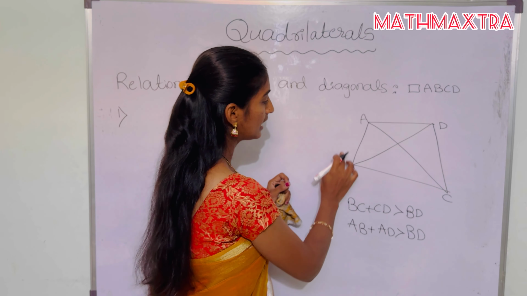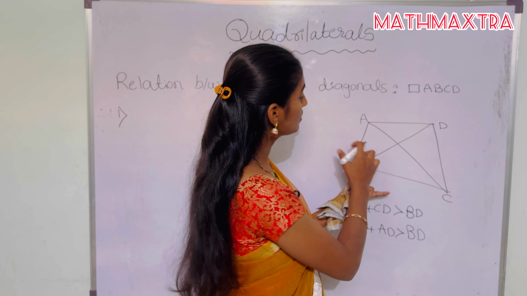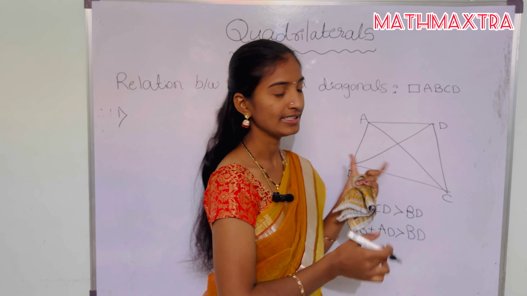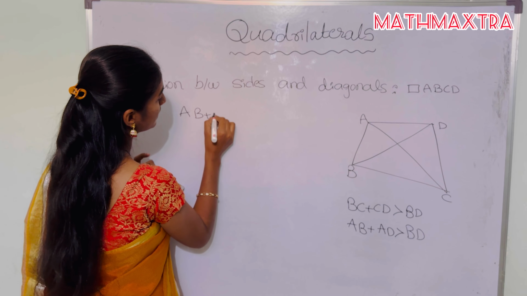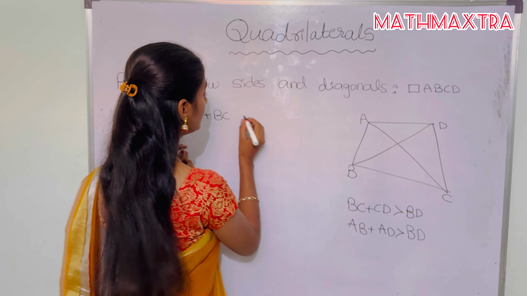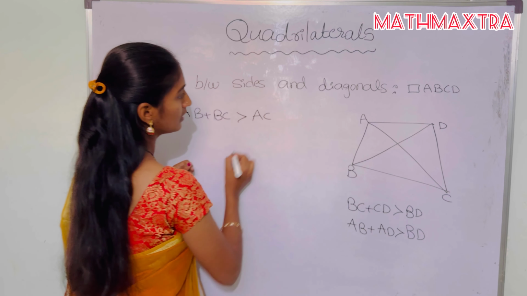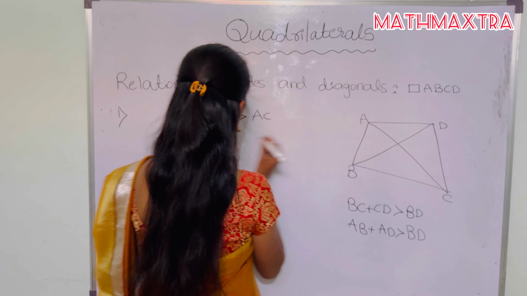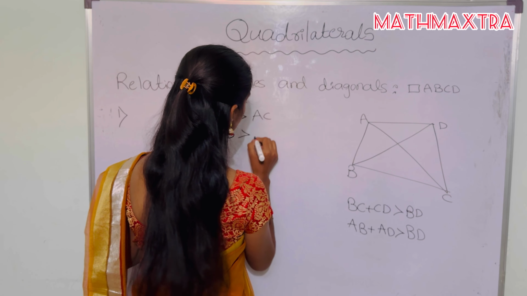Okay, so these AB and BC are adjacent sides. Yes, these two sum is always greater than the diagonal AC. Yes, we can write this as AB plus BC, the sum of two adjacent sides, which is always greater than the diagonal. Okay. And this AD plus CD is also greater than AC.